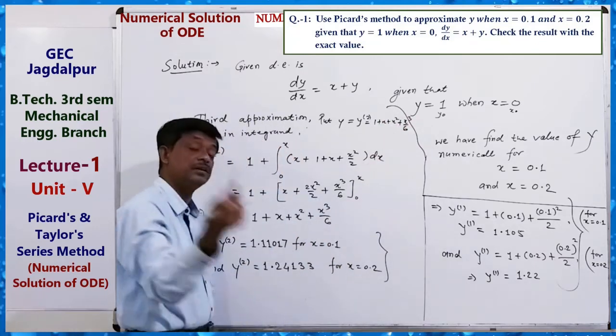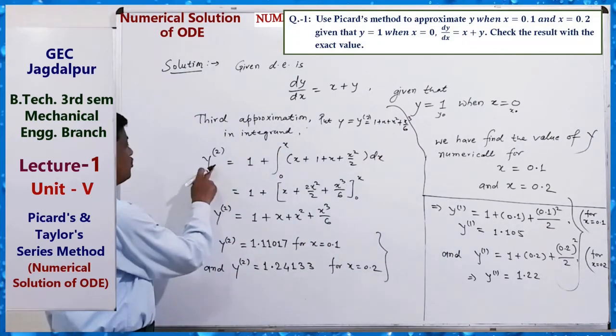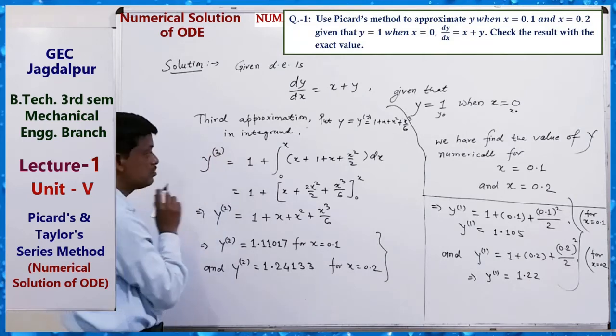This value in the required formula, then that will be the third approximation.